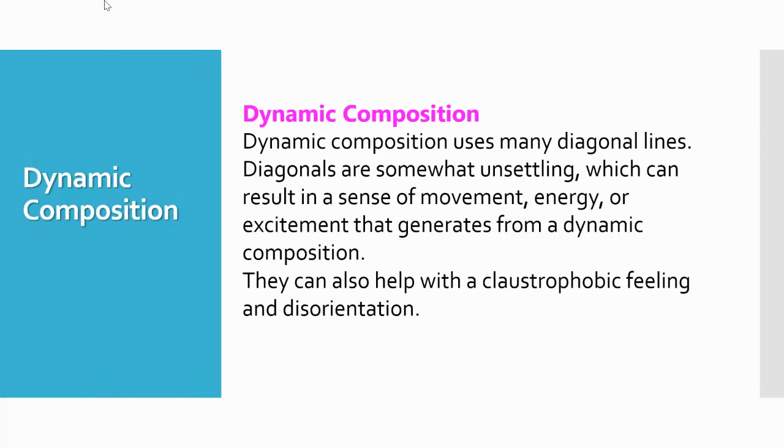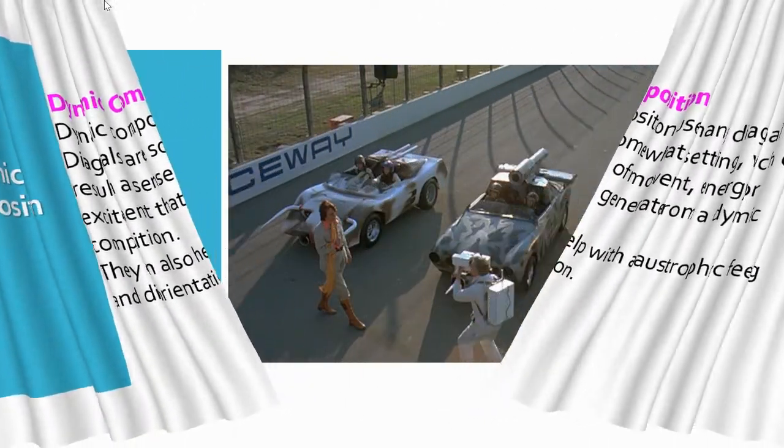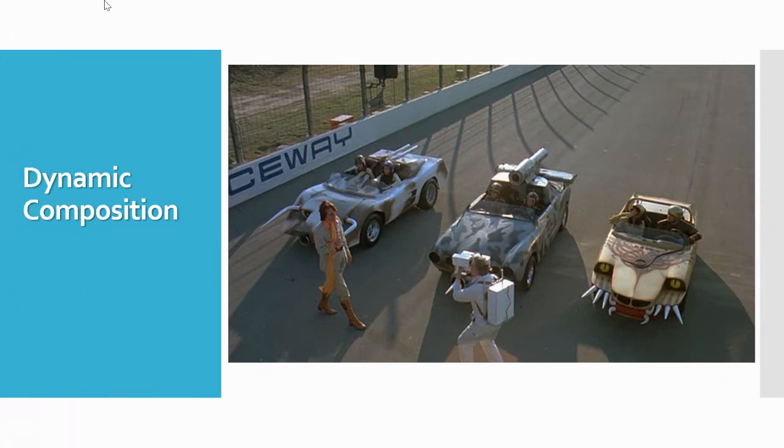The opposite is dynamic composition, which requires many uses of diagonal lines. This theory says that diagonals are unsettling. They can result in a sense of movement, energy, excitement, anything that generates a dynamic shot. They can also help with a claustrophobic feeling and disorientation. A lot of times when you see drunk characters, they'll use dynamic composition. Notice immediately the difference between the static ones and the dynamic one. Already we have all these diagonal lines in place.